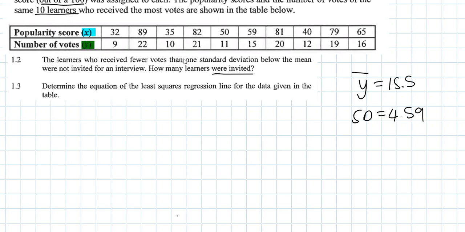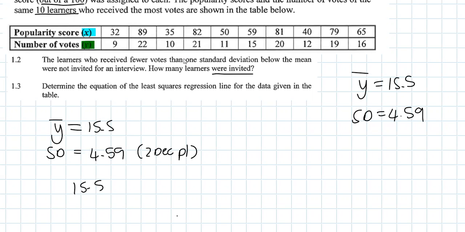So first of all, to work out 1 standard deviation away from the mean, we take the mean, and this was 15.5, and we take our standard deviation, which is 4.59. This was to 2 decimal places. And it said that it's one standard deviation below the mean. So we're minusing, below is minusing.